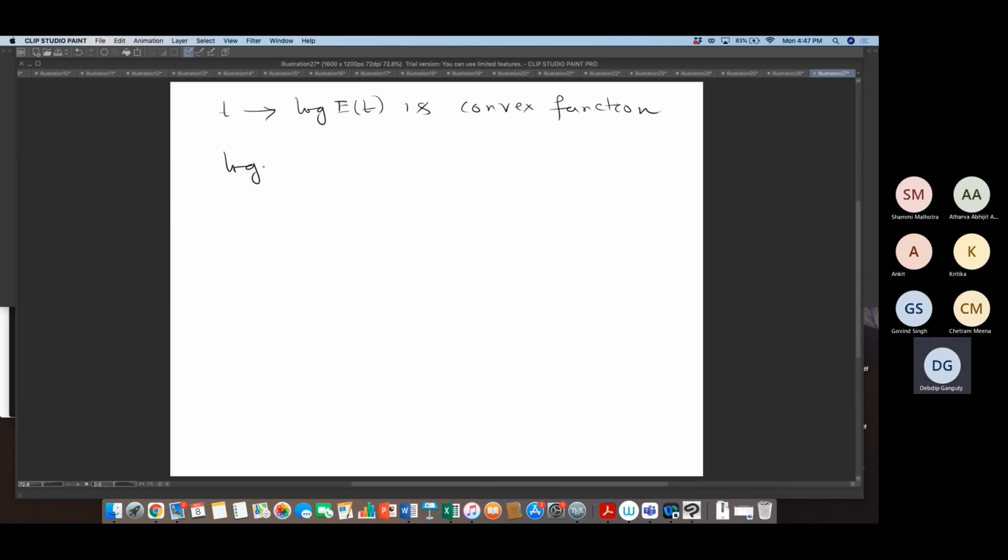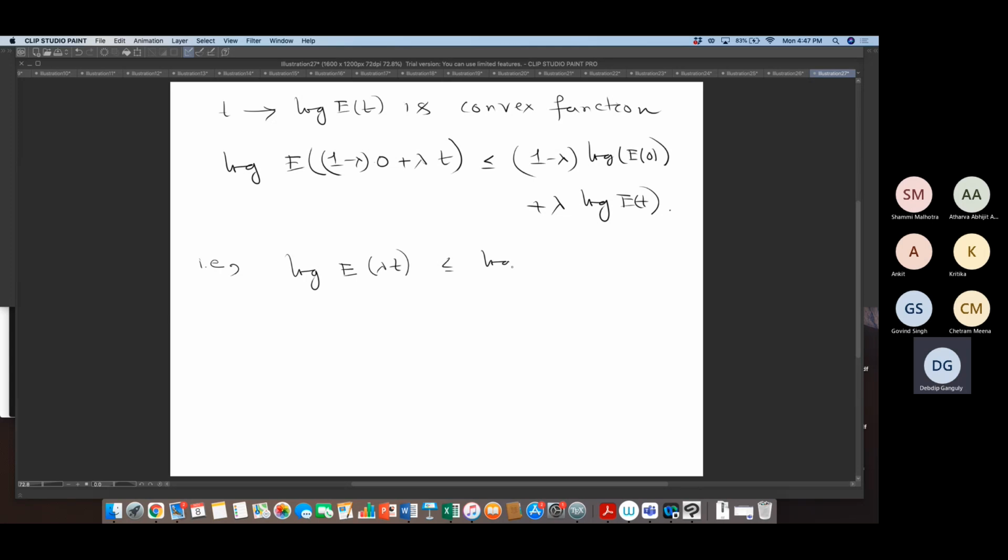Then log of e of (1 minus lambda) times 0 plus lambda t is less than or equal to (1 minus lambda) log e of 0 plus lambda log e of t.